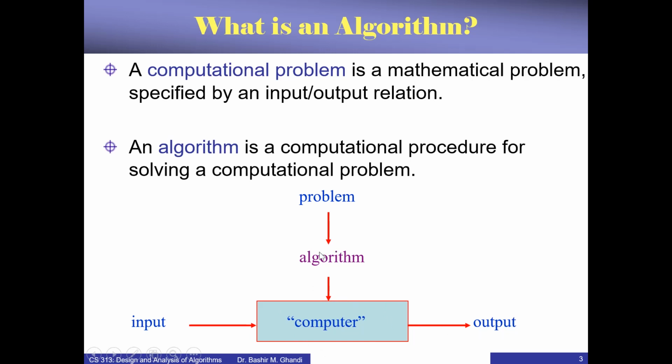So the algorithm gives you the step-by-step procedure for actually solving the computational problem. And I'm sure we have seen many algorithms in our previous courses, particularly the data structure course. We saw several algorithms, so it's not new.